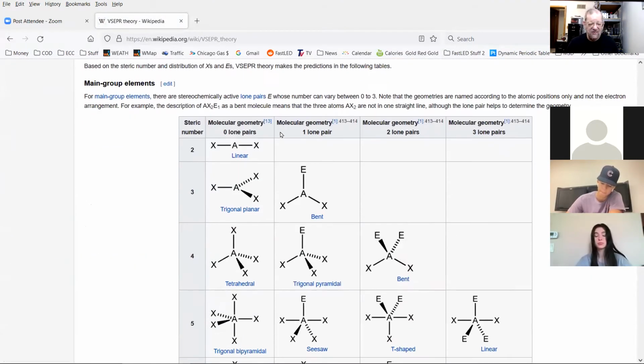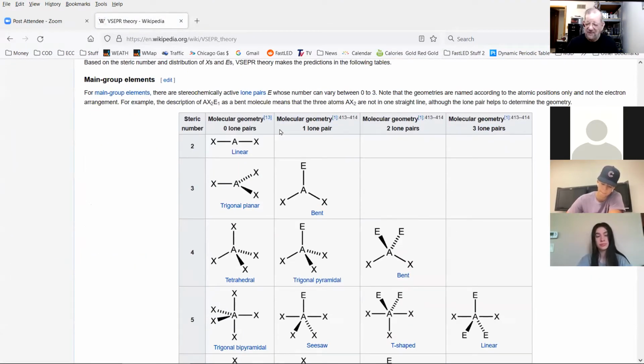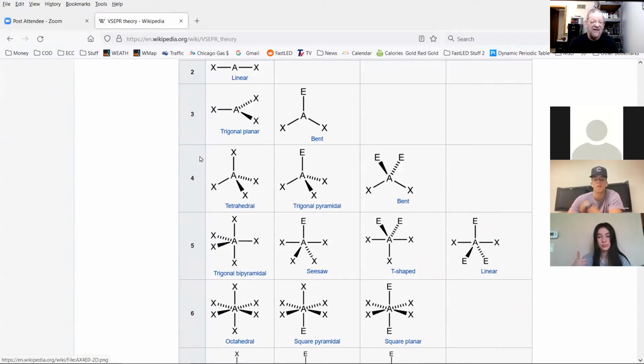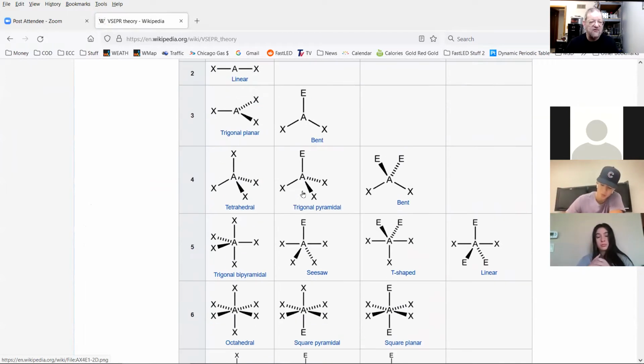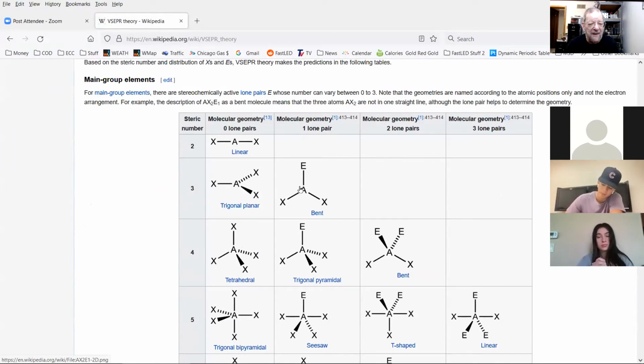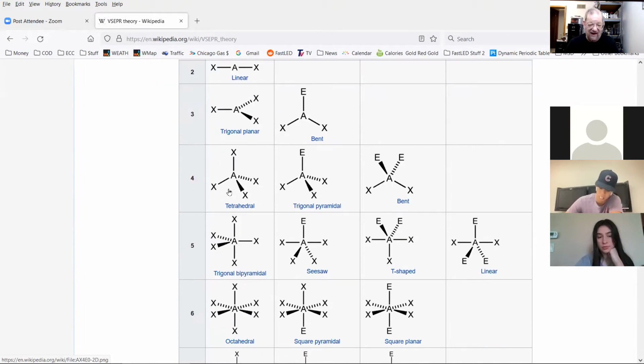Hopefully you all can see this from Wikipedia. Thumbs up, people. Do you see it on your screen? These are the different shapes molecules have, and it's dependent on how many chemical bonds and non-bonding electrons are on a center atom. And that tells the shape the molecule will have.